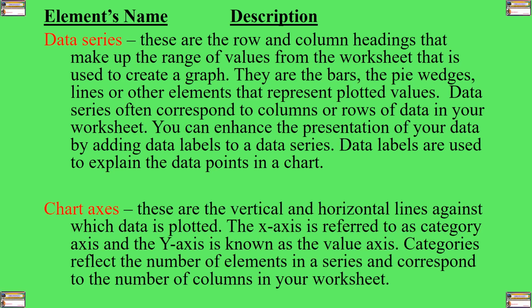The other part is called chart axis. Chart axes are the vertical and horizontal lines against which data is plotted. The x-axis is referred to as category axis, and the y-axis is known as the value axis. Categories reflect the number of elements in a series and correspond to the number of elements in your worksheet.